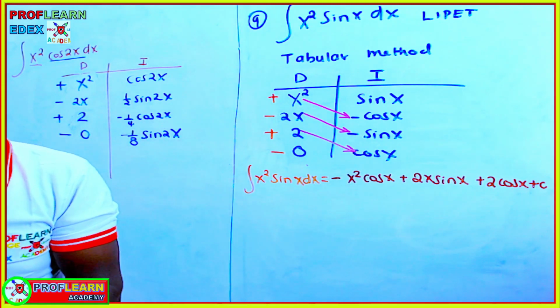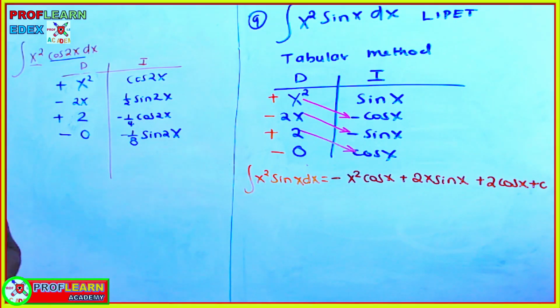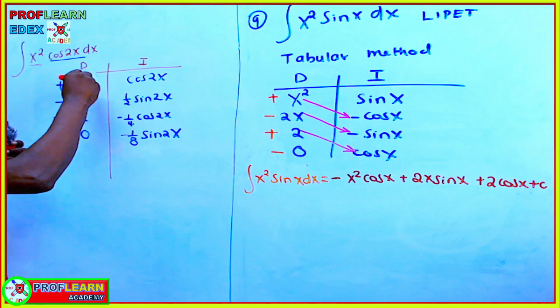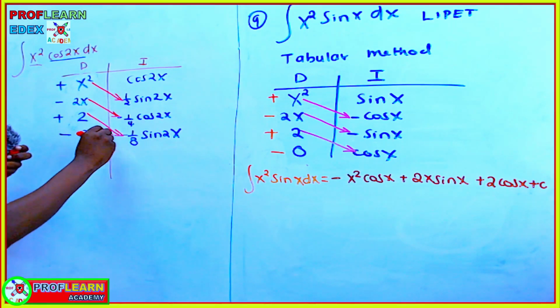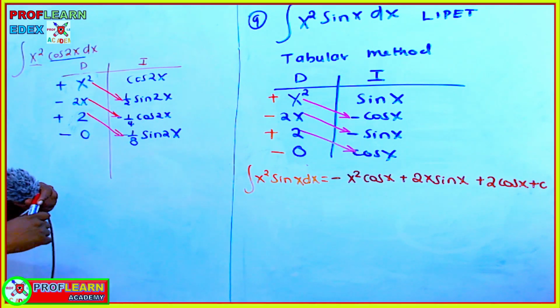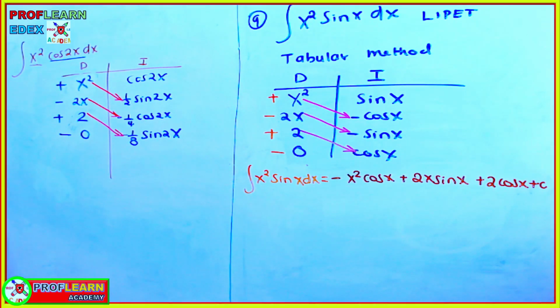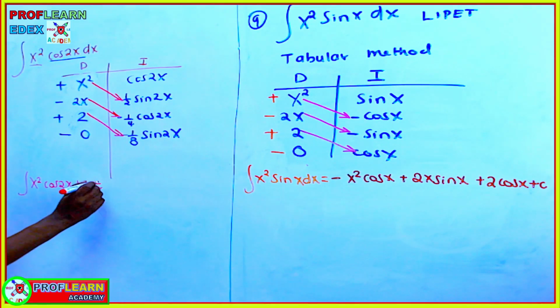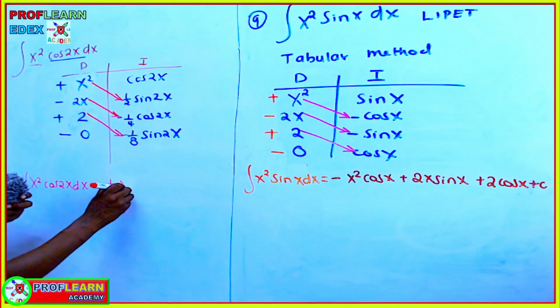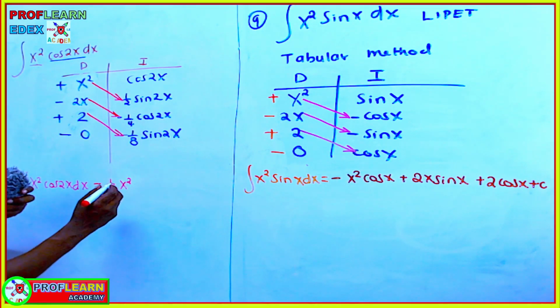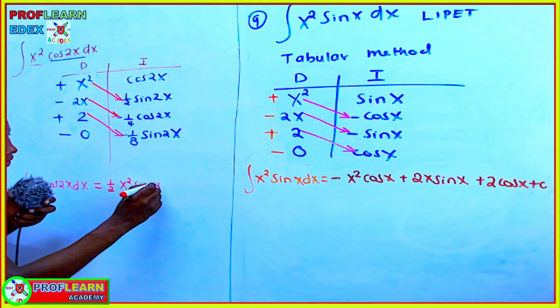Therefore, we are now going to multiply this to this one, this to this one, and this to this one, and then add them all together. So the integral of x squared cos 2x with respect to x translates to what? This times this is going to be a half x squared sine 2x.